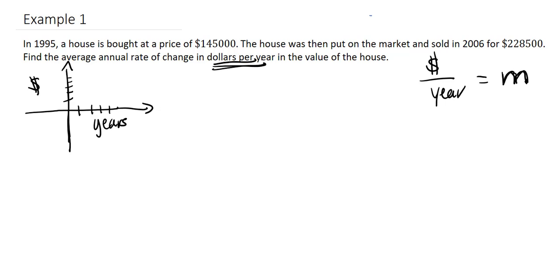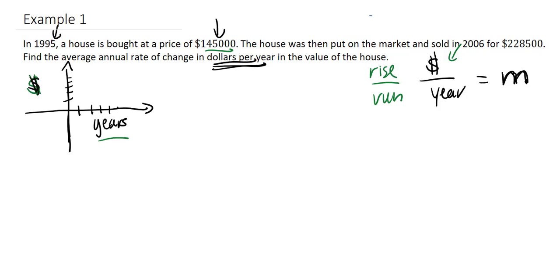Now we need to solve first for our points. We have 2 points. We are told in 1995 a house is bought at $145,000. So the year is going to be our x, and our y is the dollars, because this is our rise over run, which is why we set it up with money here and years here.